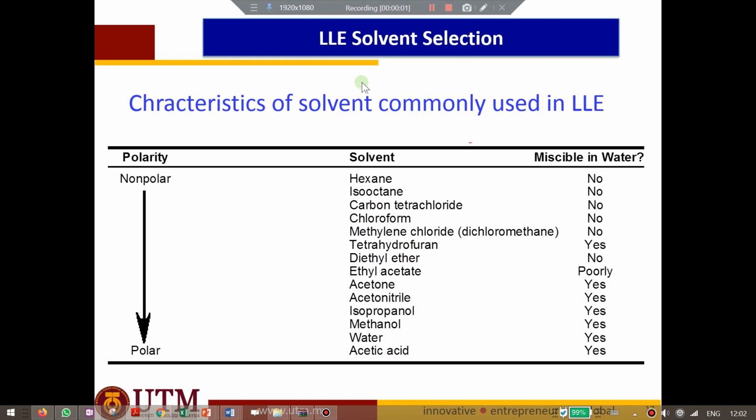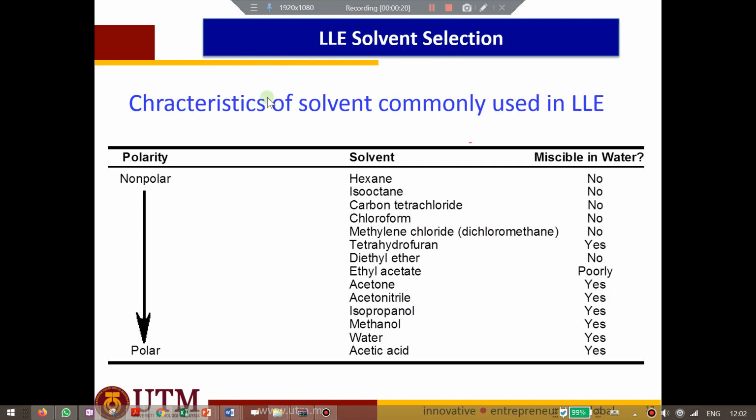Okay, here we learn about the LLE solvent selection. We choose the LLE solvent based on the characteristics of solvents commonly used in LLE.